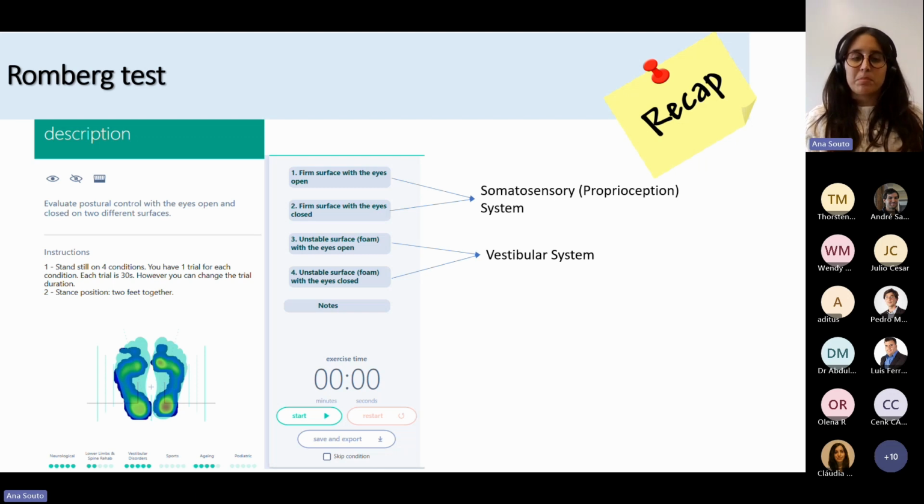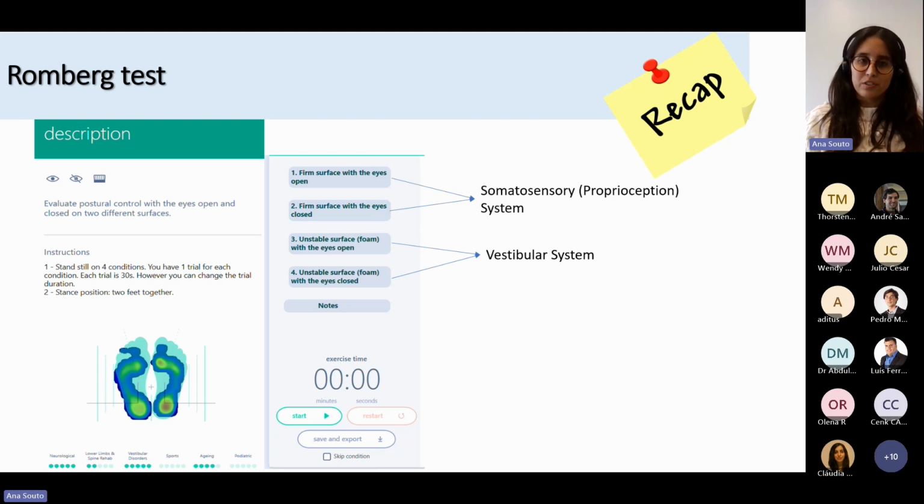In the first condition, the patient stays with the eyes open, so every sensory system is available for maintaining balance. In the second condition, the patient has to close his eyes, so we are removing the visual input, and the patient has to rely on the somatosensory and the vestibular systems.